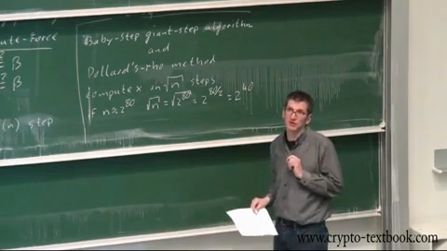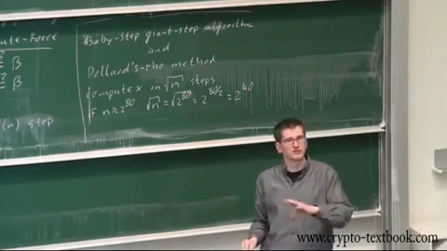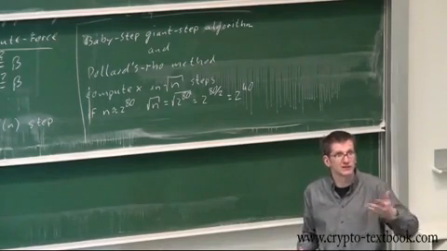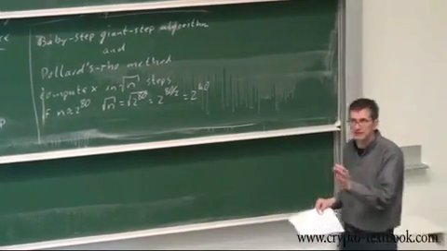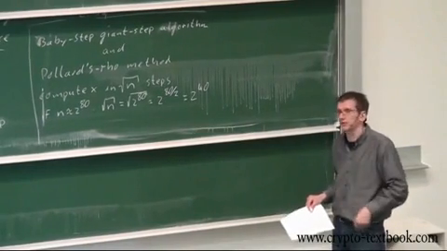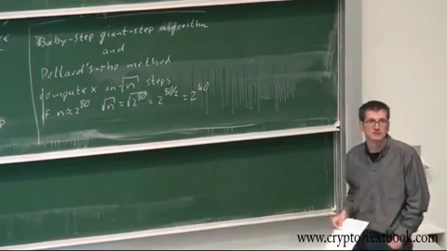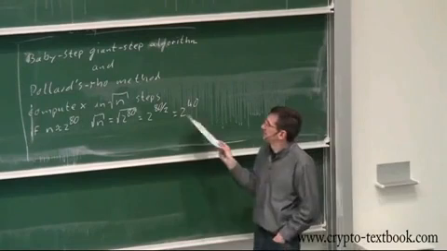And this you can do on your laptop. Your laptop can do between 2 to the 40 and 2 to the 50 loop iterations with a little bit of computation, probably in a few minutes on a standard 2 gigahertz Intel laptop.